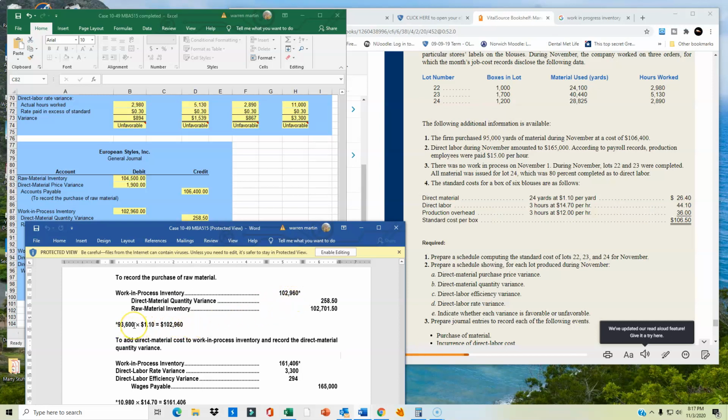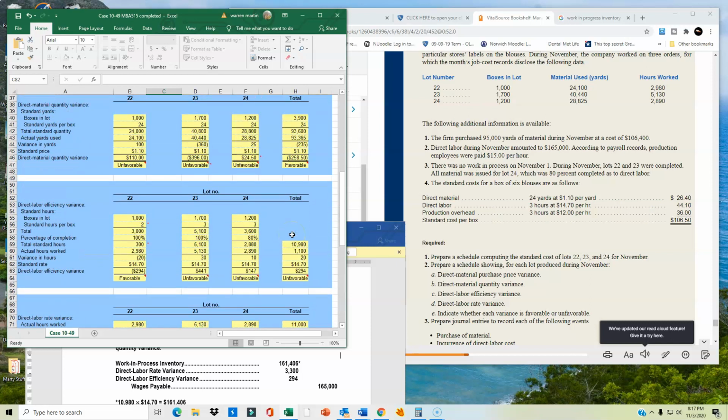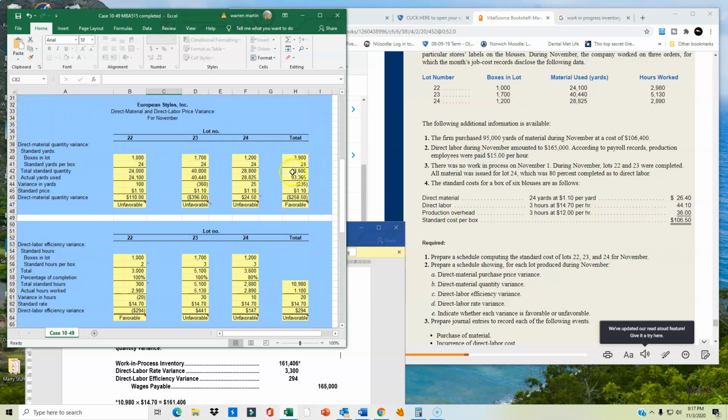This 93.6 and also this 258, both of those are up here in this other section that has to do with direct material. Remember when we totaled everything up?